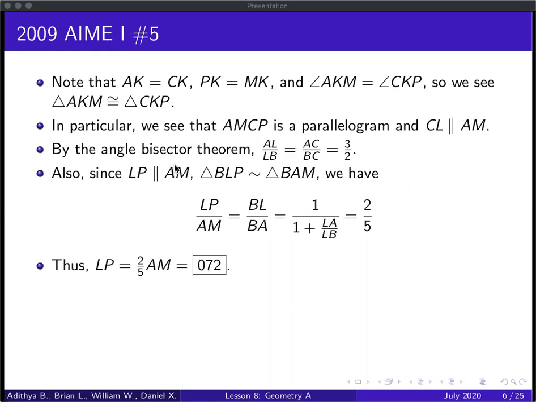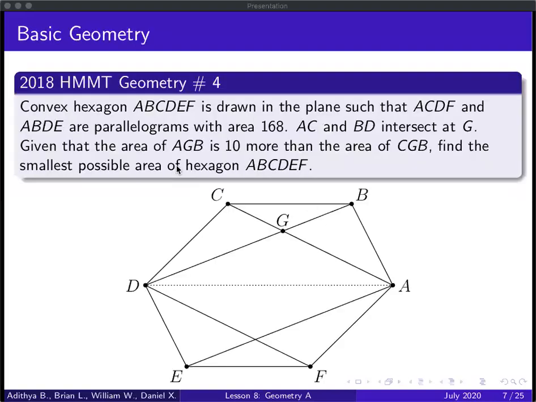Does anyone have any questions on that? If not, I guess we can move on to our next question. So here's our next question.